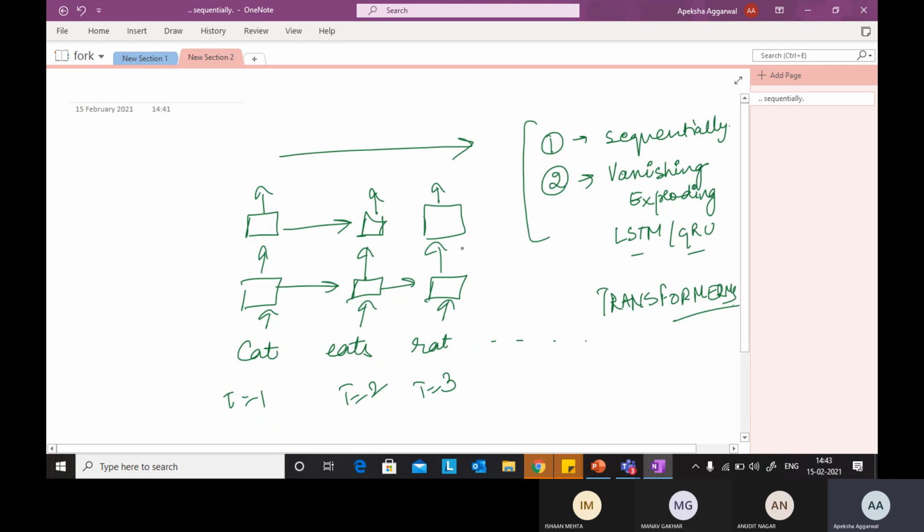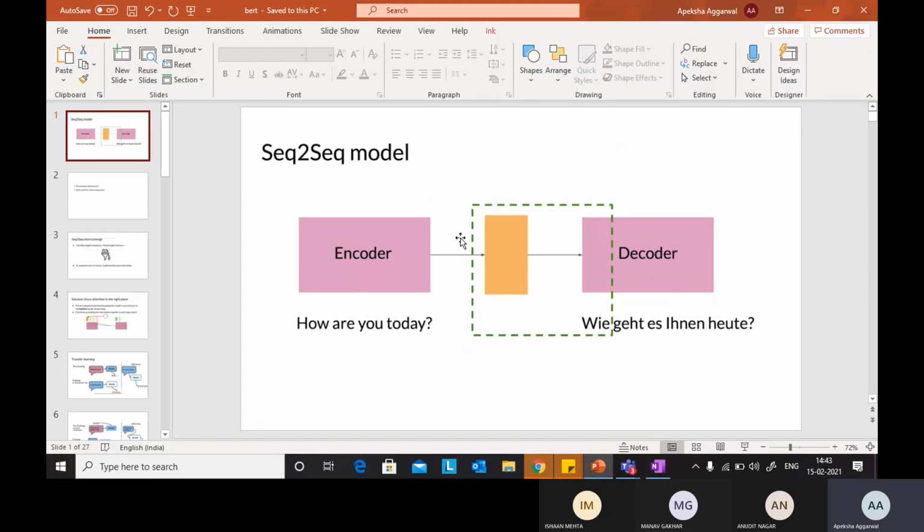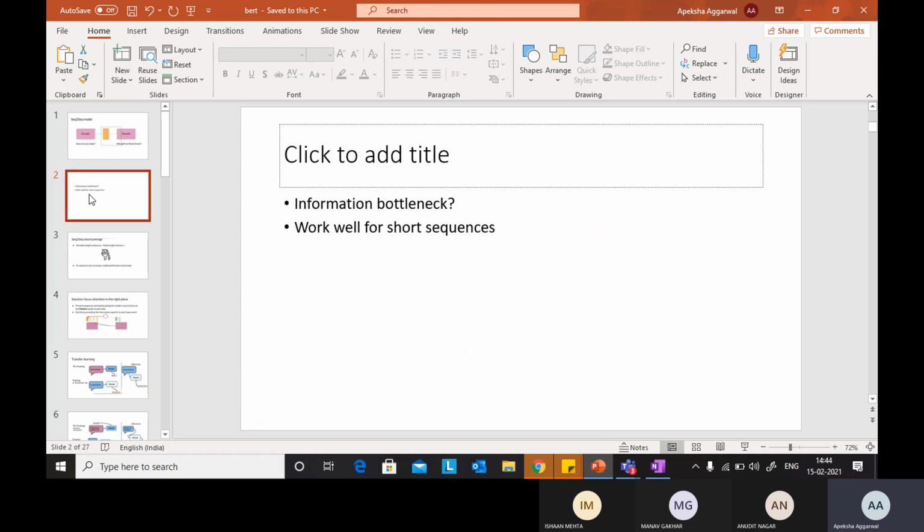Now, before discussing transformers, this is a simple encoder-decoder architecture where you are converting a sentence from English to another language. In a simple encoder-decoder model, you generate an intermediate representation that represents the best features from your sentence. It understands your sentence and translates it into the new language. Now there was a problem in this: information bottleneck.